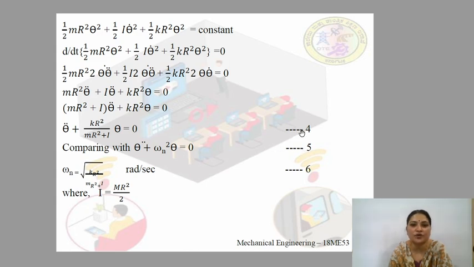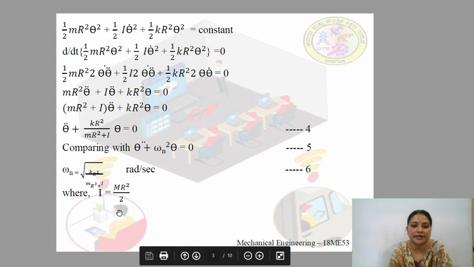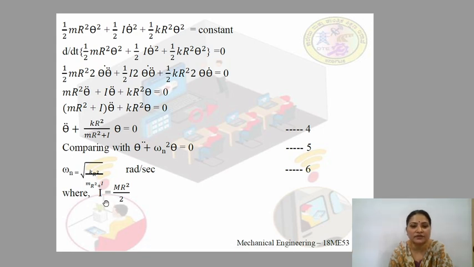Comparing equation 4 with equation 5, we can write omega n square is equal to k r square divided by (m r square plus I), or else omega n is equal to under the root k r square divided by (m r square plus I), and its unit is radians per second. Here I is equal to capital M r square divided by 2, where I is the mass moment of inertia.